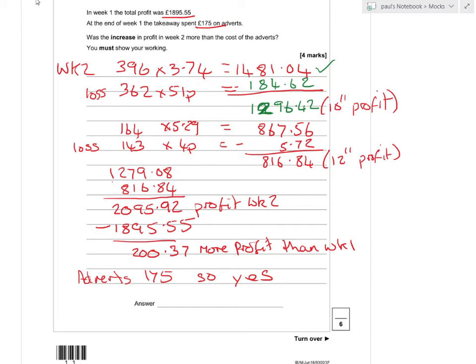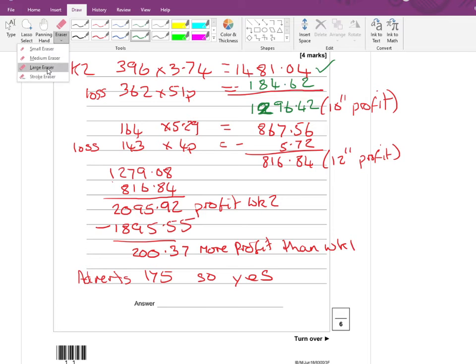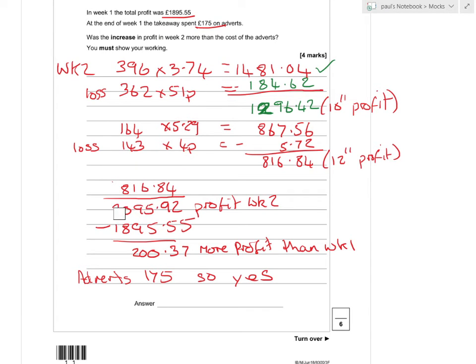So this number needs to be changed now, and also that one, and that's going to be different. So I've got 1296.42. Take away, or am I adding? No, I'm adding. Yeah, because adding the two pizzas together.